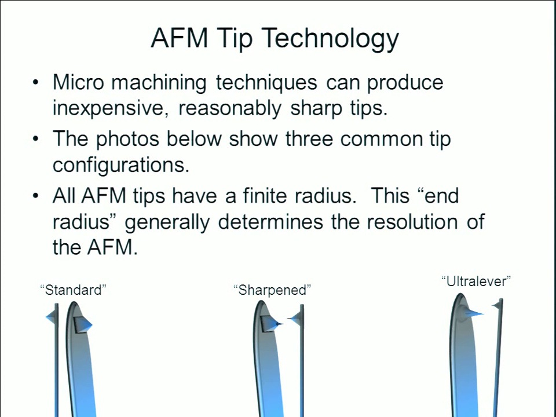But all tips have a finite radius, and this end radius is generally what determines the ultimate resolution of our AFM. So not only do you want a very small tip radius, but you also need to consider the geometry of the tip. It makes a difference if the angle of the tip is 20 degrees or 40 degrees or 90 degrees.